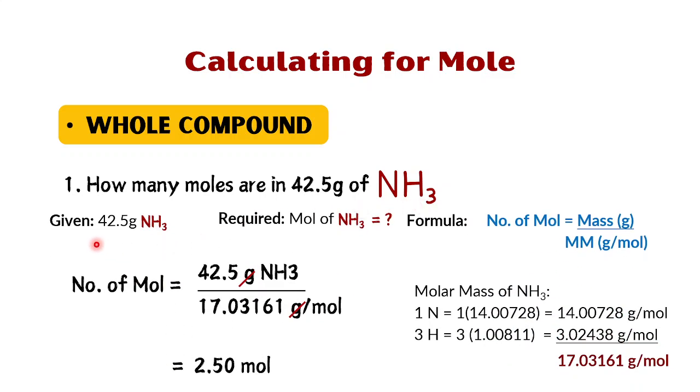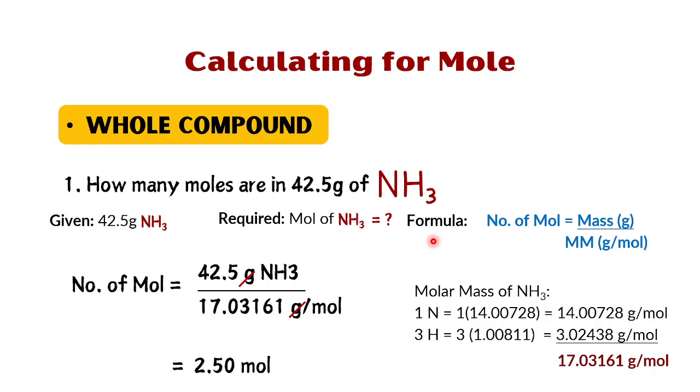So, what is given here is the mass of NH3, which is 42.5 grams, and we are required to calculate for the mole of NH3. So, this is a whole compound. No specific element in NH3 was specified. What we calculate is the mole of NH3, the whole compound.